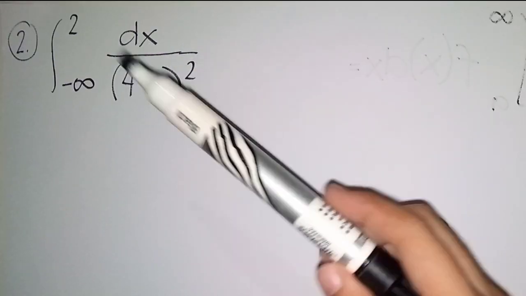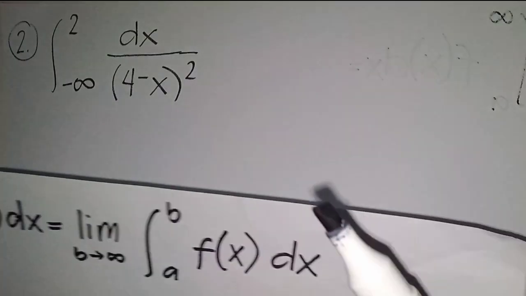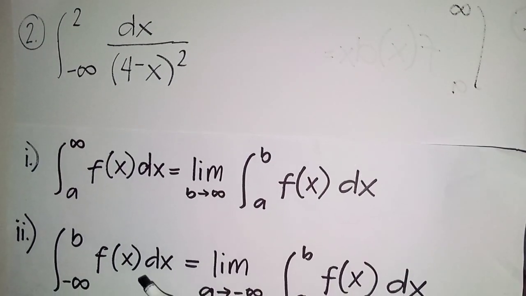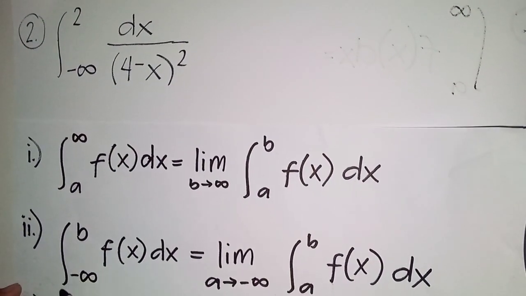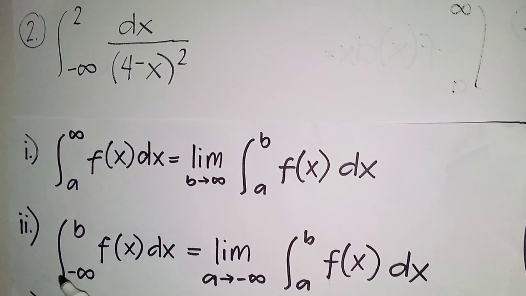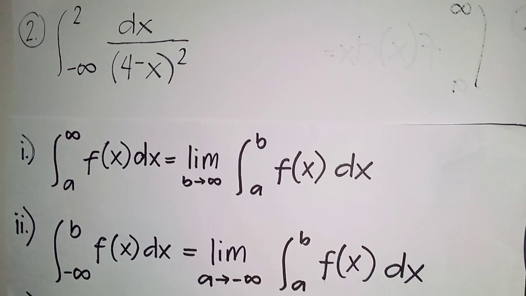So in this form, we are going to use the second formula, which is the integral of f of x dx from negative infinity to b is equal to the limit of the integral of f of x dx from a to b, where a approaches negative infinity, right?